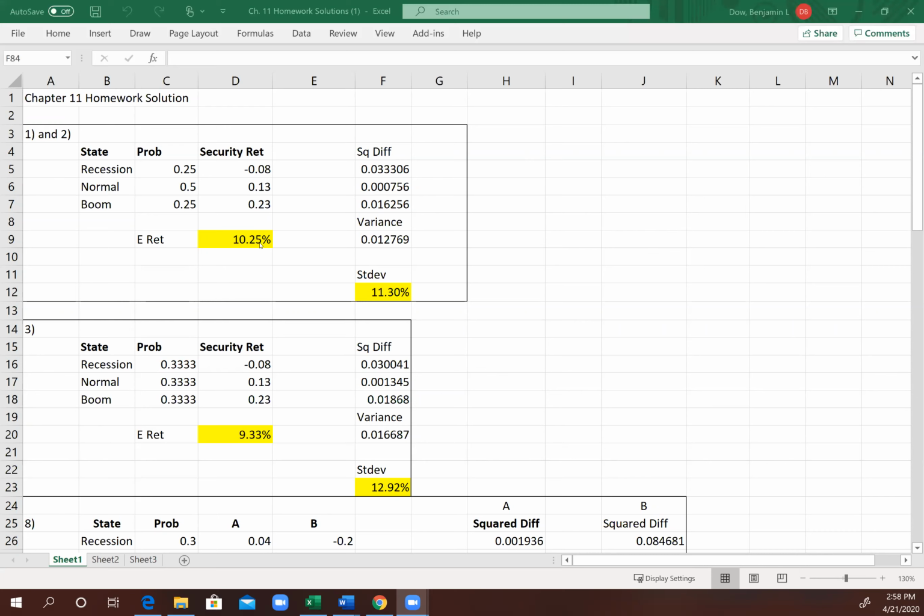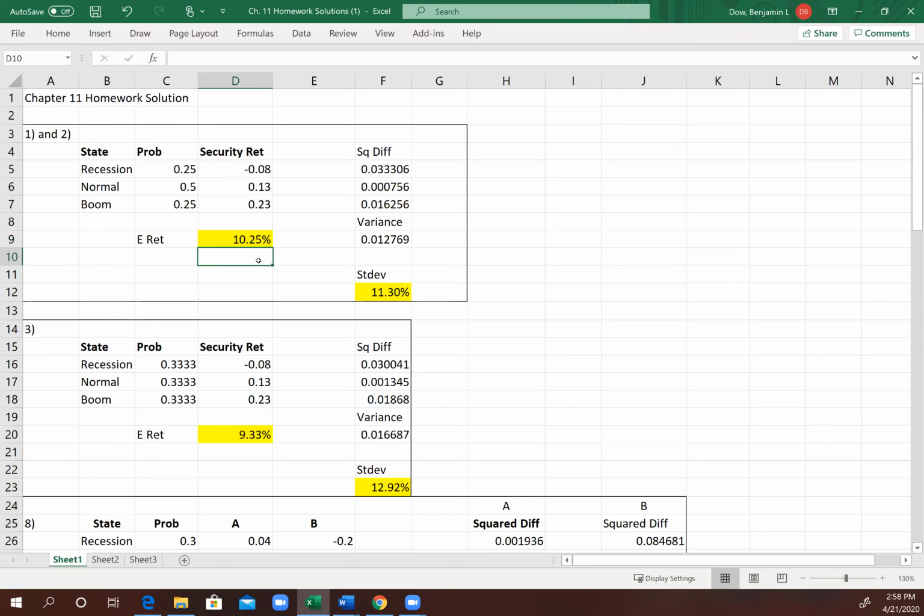Find the expected return of the individual stock. It's just a weighted average of the probabilities times the return. So 0.25 times negative 0.08 plus 0.5 times 0.13 plus 0.25 times 0.23 will give you 10.25%. If you look up here, you can see how I did it.